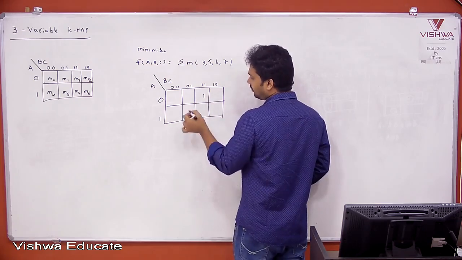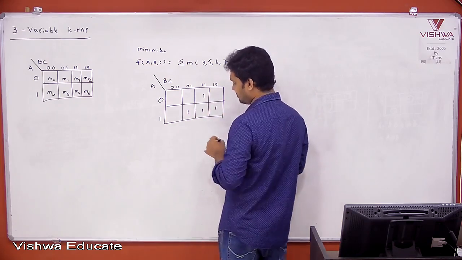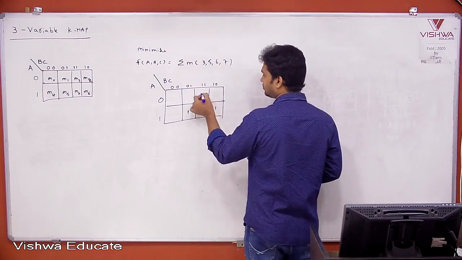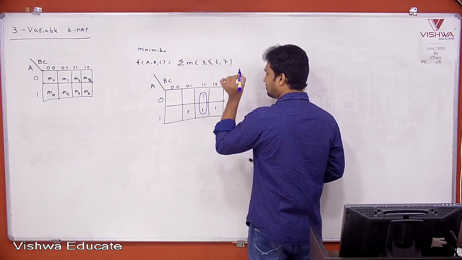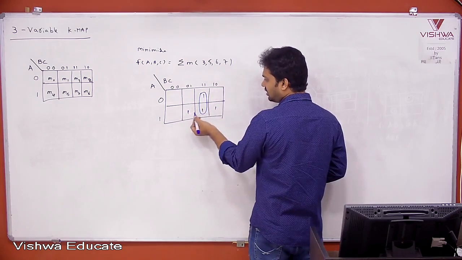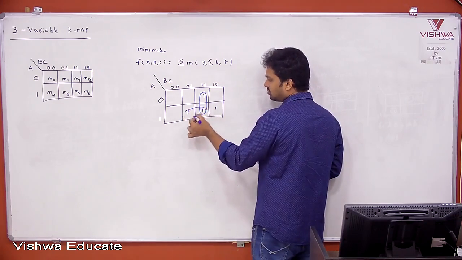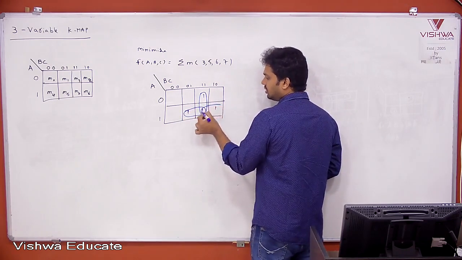Now please understand. This is a pair. I told you already, when you have 3, you cannot form a group, but you can form these 2 as one pair and these 2 as one pair.